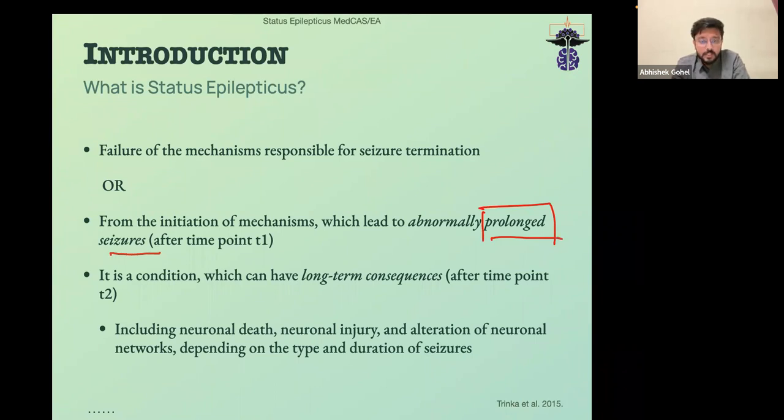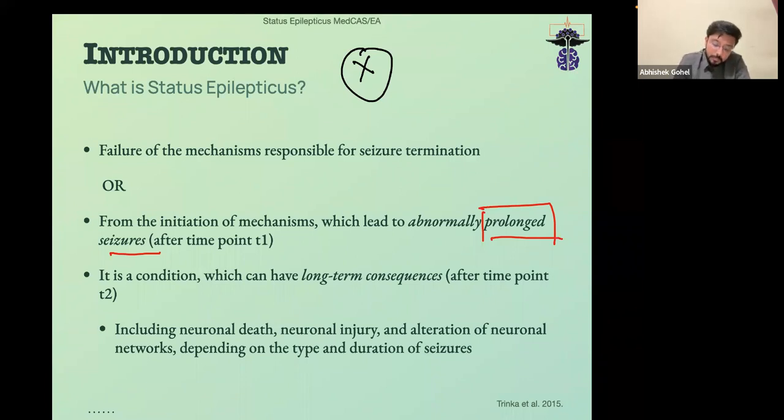So we'll go to the very basics. Not everyone has seizures. That is, a normal person does not have status epilepticus. Not even every patient with epilepsy has status epilepticus, not every one of them.